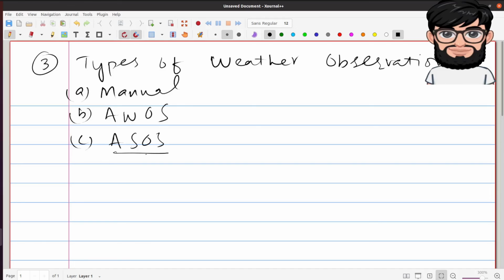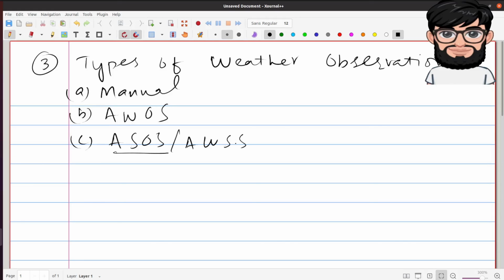Both systems, whether ASOS or AWSS, provide continuous minute-by-minute observations that generate METARs and other aviation weather information, transmitted over a discrete very high frequency radio frequency or a voice. So the mechanism is different.